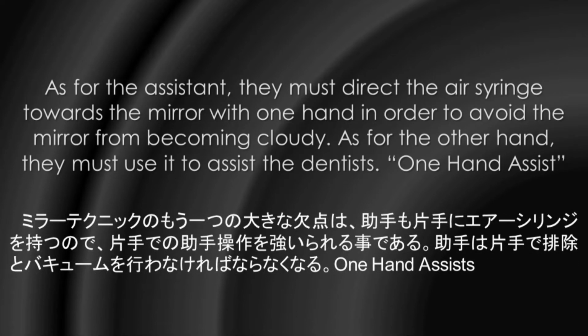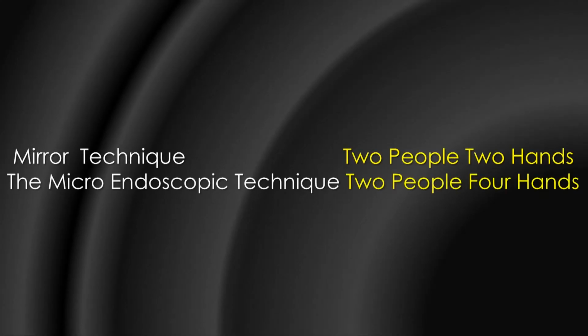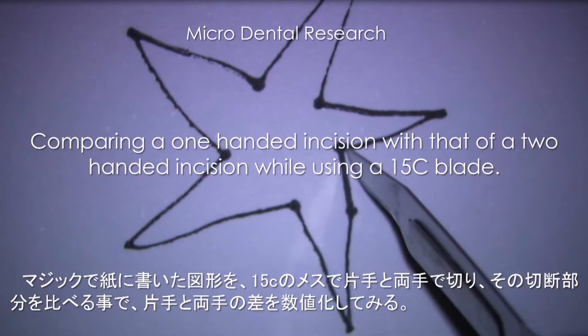As for the assistant, they must direct the air syringe towards the mirror with one hand in order to avoid the mirror becoming cloudy. As for the other hand, they must use it to assist the dentist. One hand assist. The mirror technique: 2 people, 2 hands. The microendoscopic technique: 2 people, 4 hands.